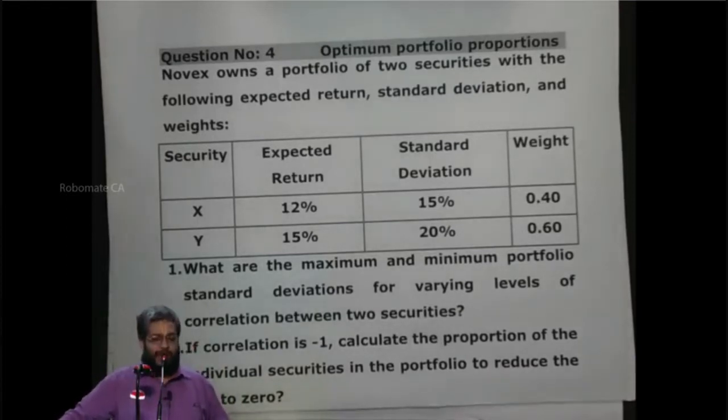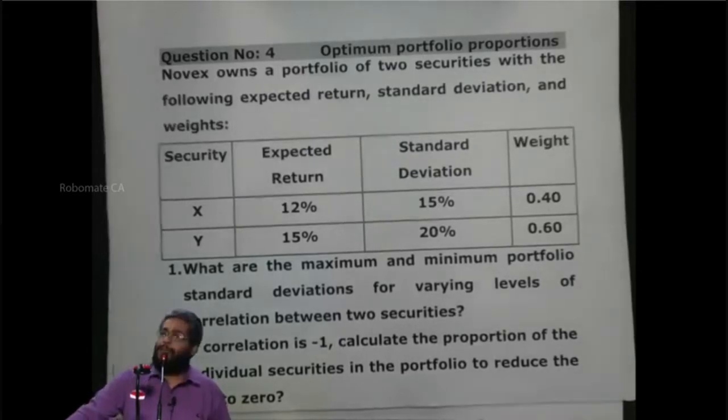Suppose I put more money in a high risk security and less money in a low risk security, the portfolio will be more risky. If I do the opposite, the risk will be reduced. So the risk of individual security and then proportion are two important factors. Individual security risk we represent by sigma x, sigma y in the formula, and proportion by W1, W2.